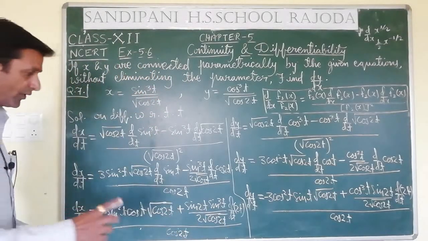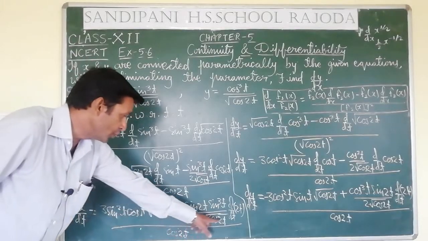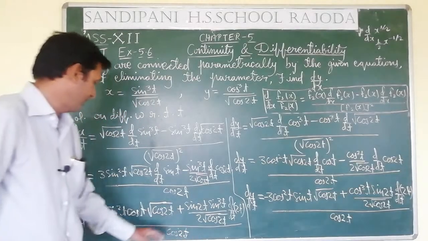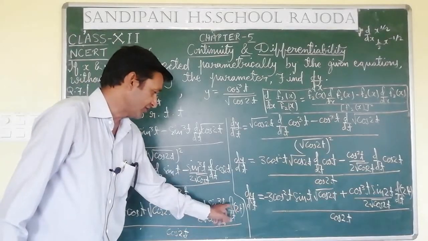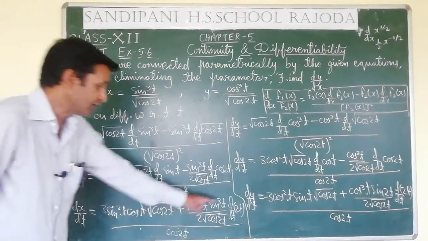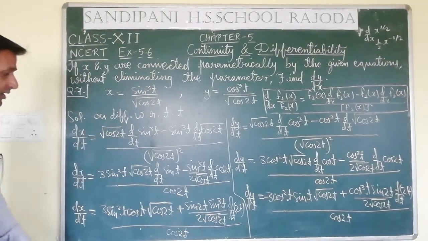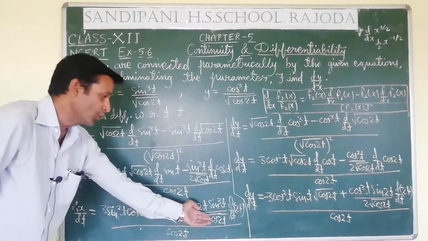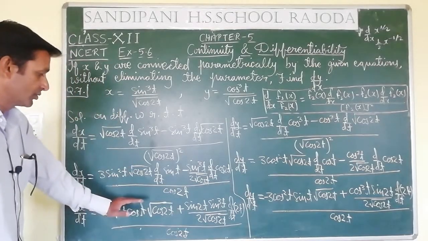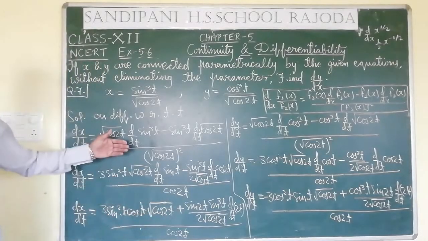Let me explain one more thing here: after taking LCM 2 root cos 2t, or you may write the differentiation of 2t is 2 and then take LCM, so that 2 will be cancelled by this 2, and afterwards you can take LCM, or you may take directly 2 root cos 2t as LCM. So we have to proceed with it afterwards.